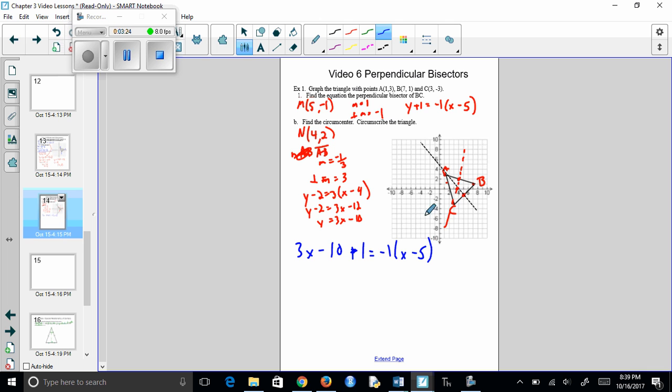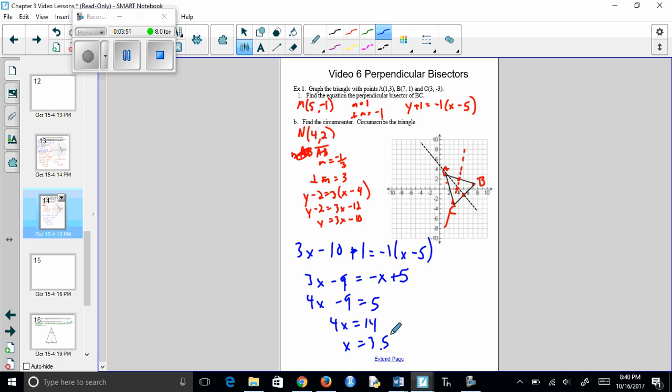So when I do this, I have 3x minus 9 is equal to negative x plus 5. If I add x to both sides, 4x minus 9 is equal to 5. Add 9 to both sides, 4x is equal to 14. Divide 14 by 4, and that's going to be 7/2, or 3.5.